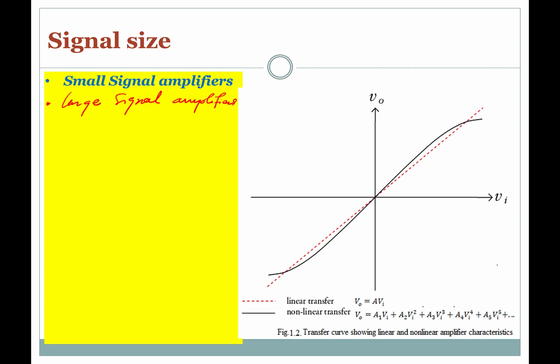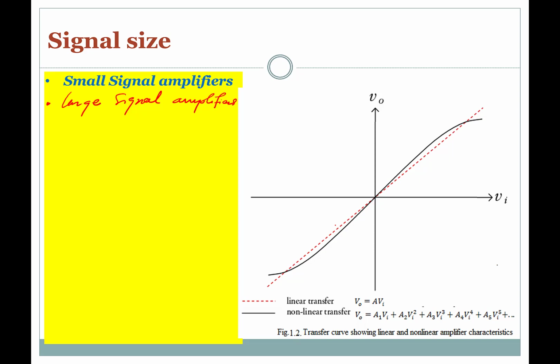For an ideal linear amplifier, the transfer curve between the input and the output voltage would be a very straight line, which is this red line you see here. That is if we're looking at a linear amplifier. An ideal linear amplifier would be a straight line.